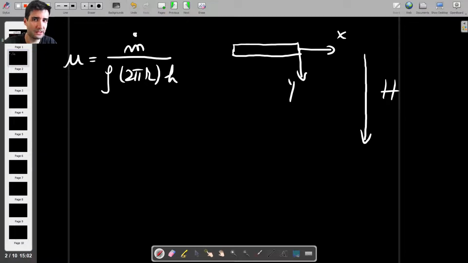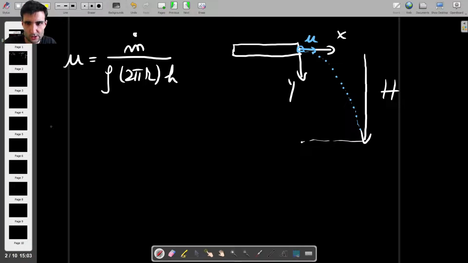Okay, so I want to find out what horizontal distance that water particle travels by the time it travels a distance h vertically. Okay, so this is u, and we've got this parabolic trajectory that we know is the case with free fall, right?